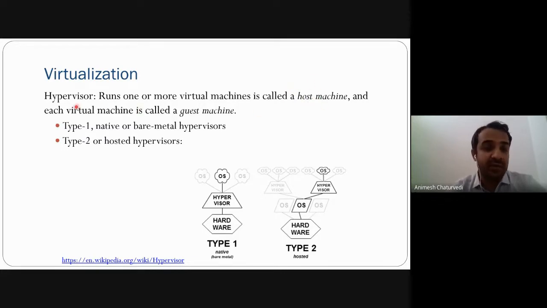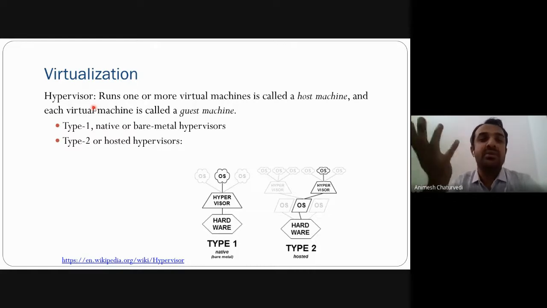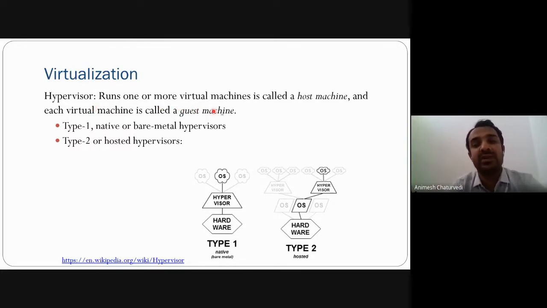And if there's an operating system installed in that machine, and then again an illusion-based machine is installed, that is a virtual machine, then we can call it a guest machine. So there are two different phenomena: the host machine, which actually has its own hardware, and the guest machine, which doesn't have its own hardware. It depends on the host machine's hardware.